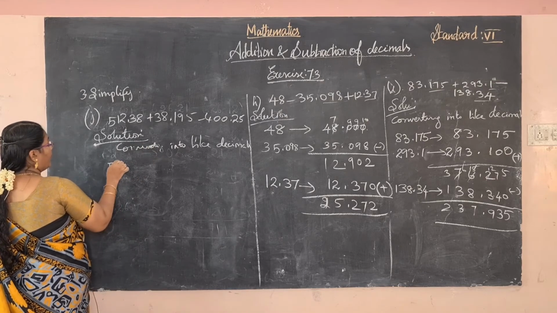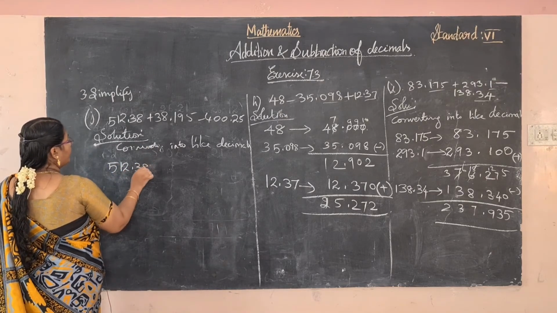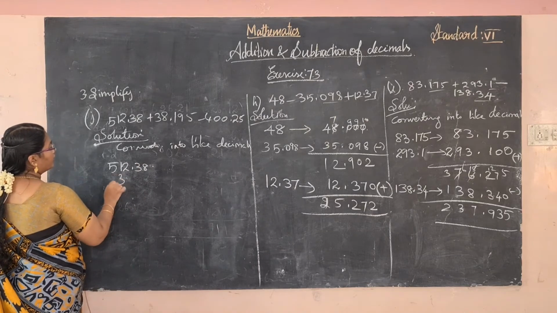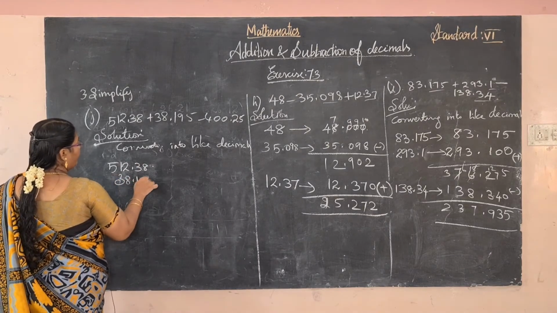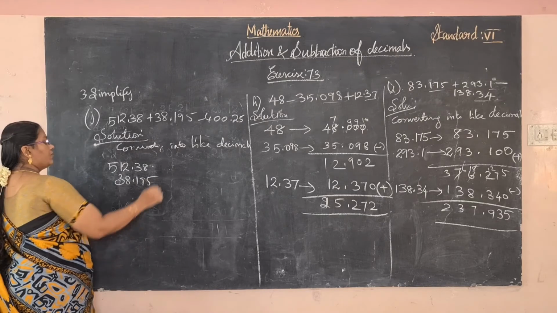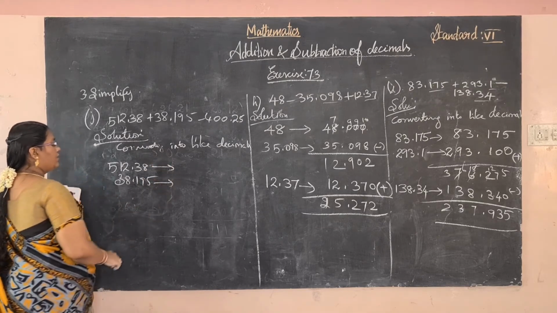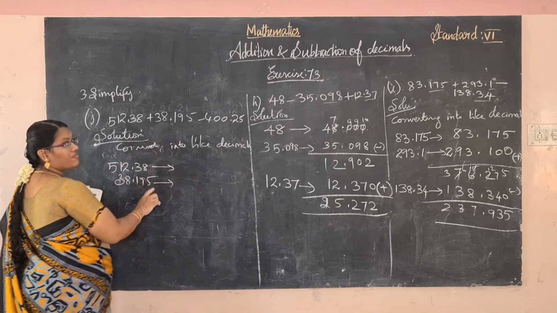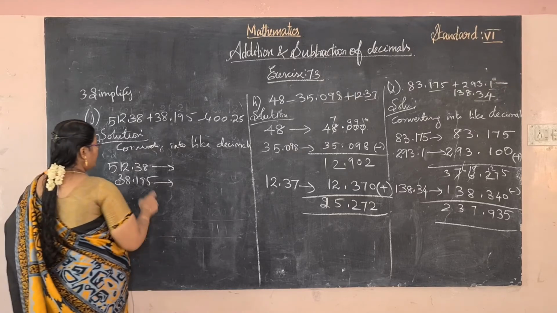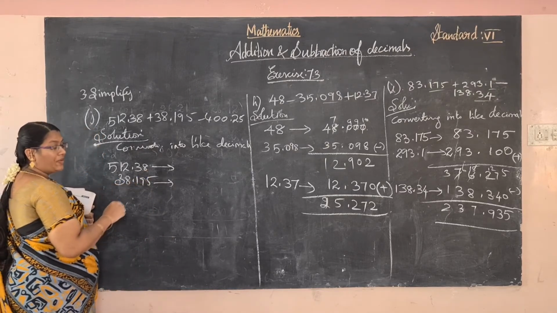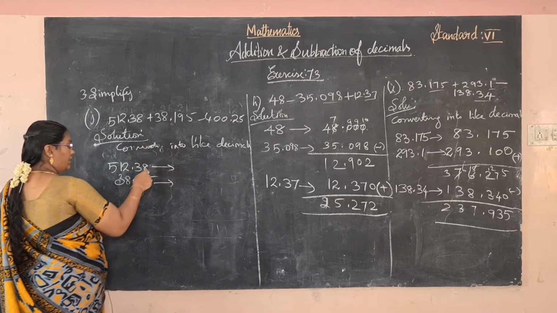For 512.38 and 38.195, okay, first convert to like decimals. The highest decimal place value is 1000. Here only the 100th place is there, so we add a 0 on the right side of the decimal.